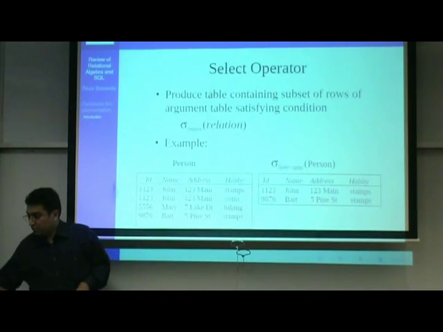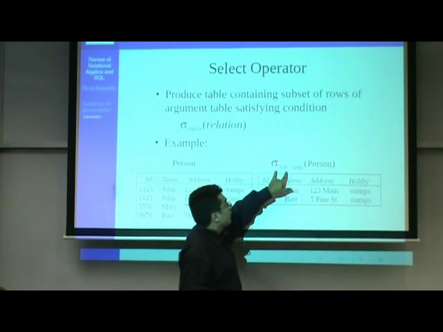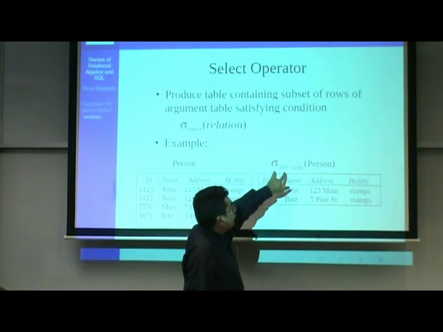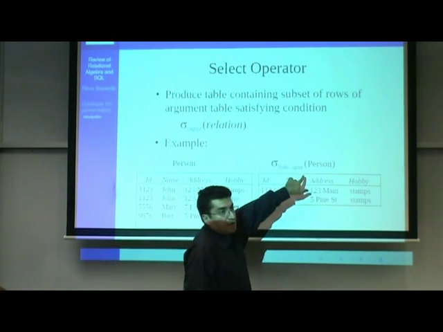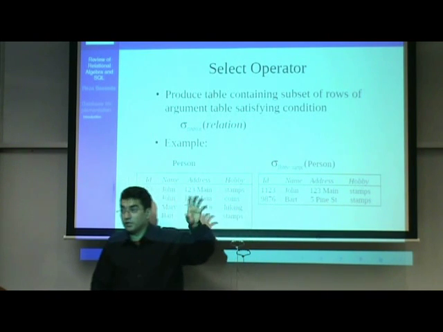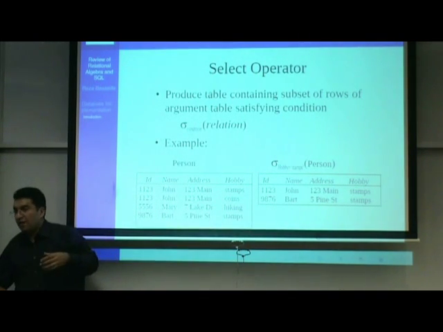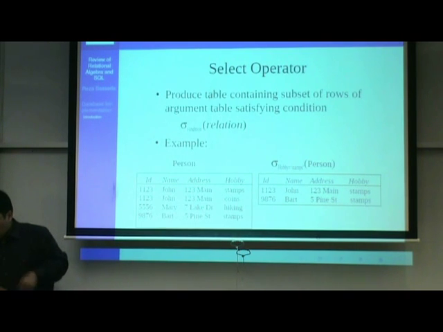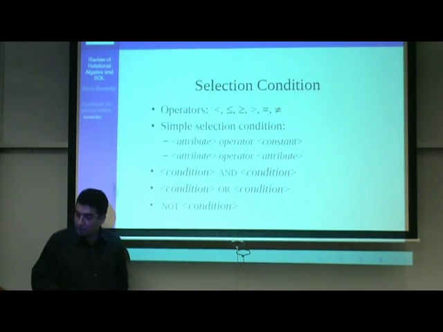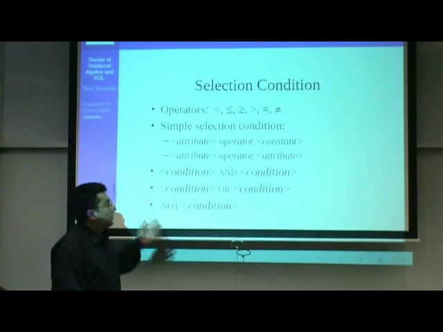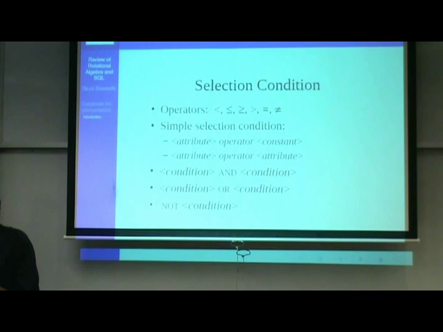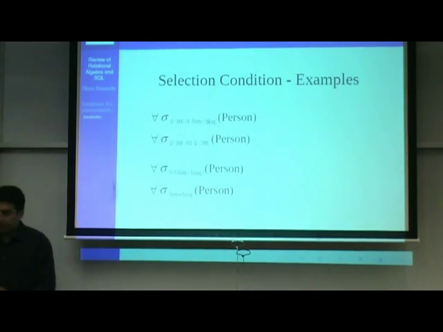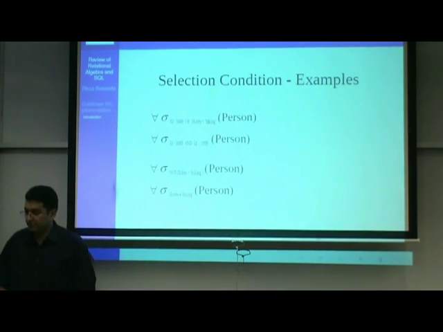For example, here I've used a condition where the left side was an attribute and the right side was a constant, but you can have two attributes as well. These conditions can also be extended with logical operators. These are examples of the select operator.